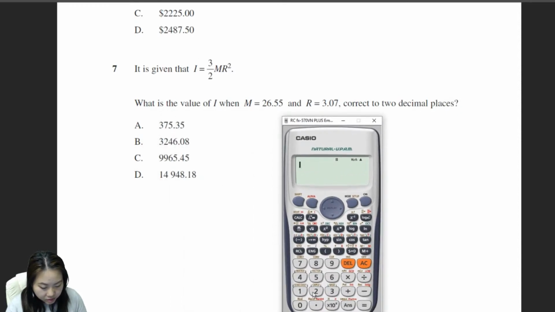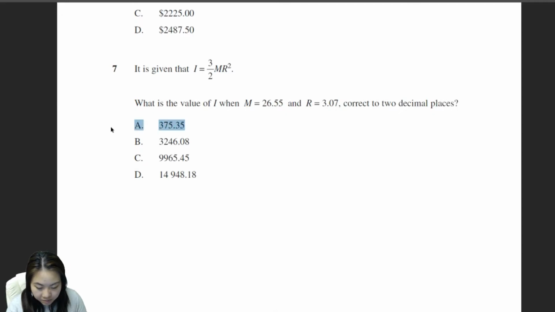So I is equal to 3/2 times m, which is 26.55, times r, which is 3.07 squared, which is 375.35. There you go. 7 is A.